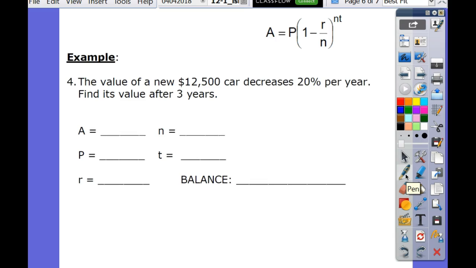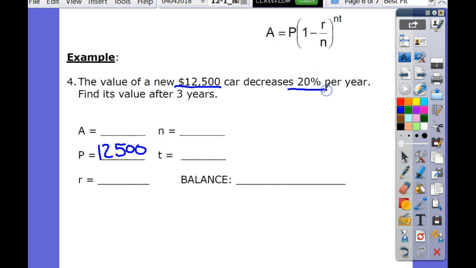You know what kind? Classic cars go up in value, but most of our cars go down in value. In my chart here, where am I going to put my 12,500? Is that the amount I start with or the amount I end with? And so P is for principal. That's the amount you start with.